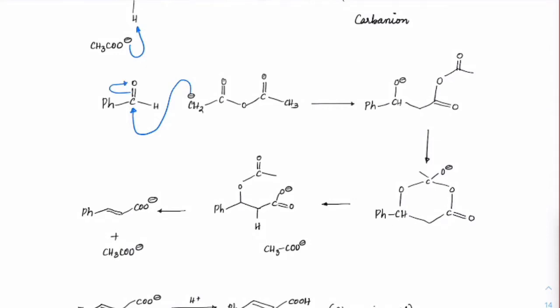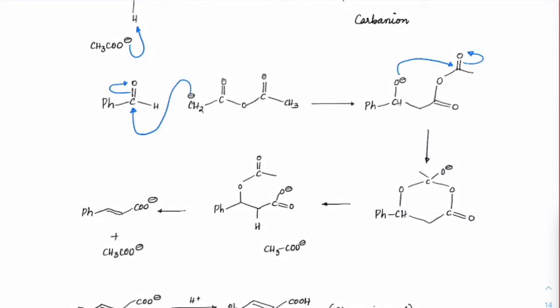From this end you can see the C=O, C=O, CH3 part gets attacked by the O minus present here. This gets rearranged and a cyclic formation is observed, so we have this carbon with O minus and one methyl group, and this O got connected to that carbon, and the rest of the structure is the way it is.